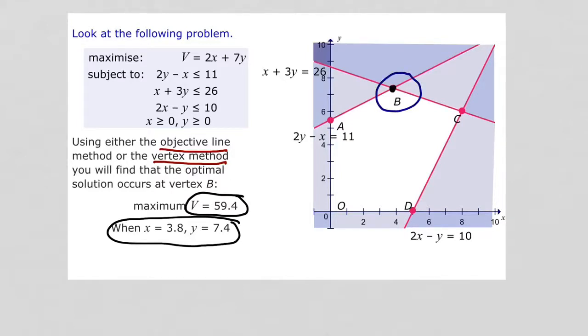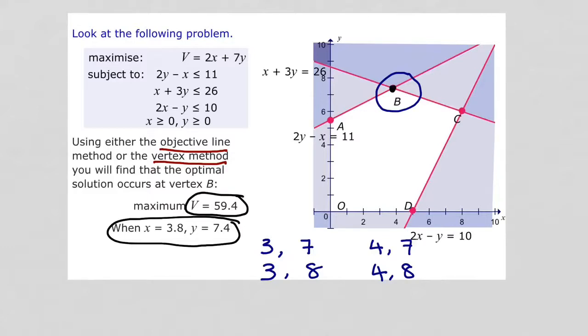And we've got 4 different possibilities. So we're going to test all 4. So we could round 3.8 down, or we could round 3.8 up. We could round 7.4 down, or we could round it up. So we've got 4 different solutions there.